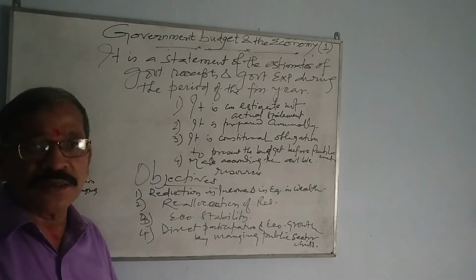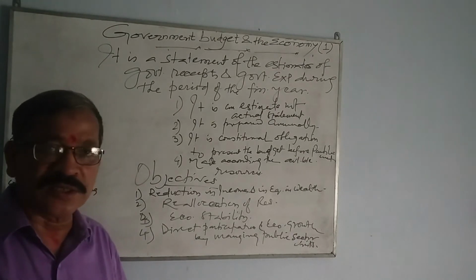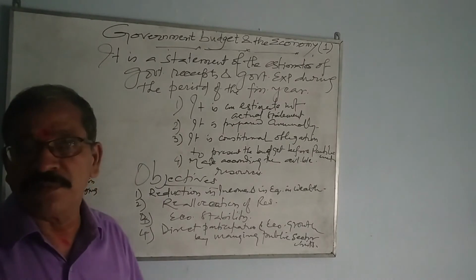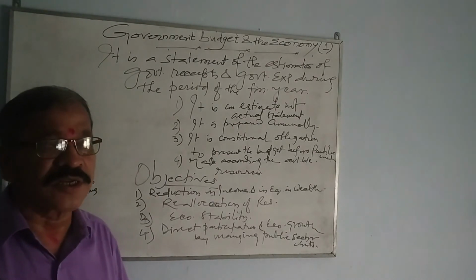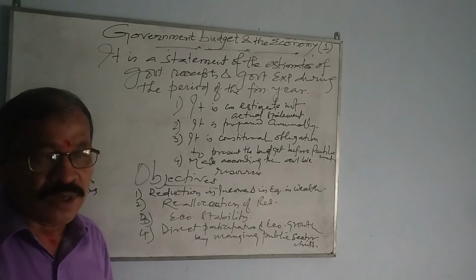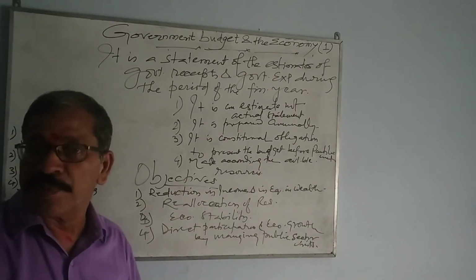And if sustained growth continues, then sustained development continues, and automatically there will be economic stability. And when there is economic stability, the country is prosperous and happy. So keeping all these four objectives in mind, the budget is prepared.